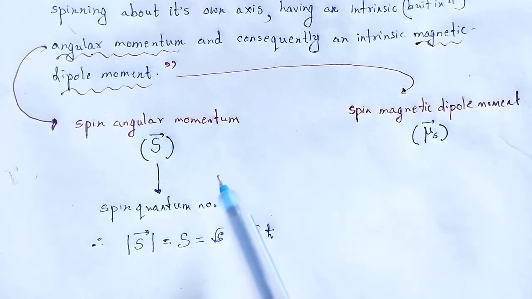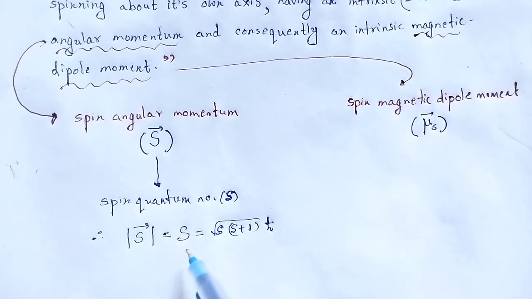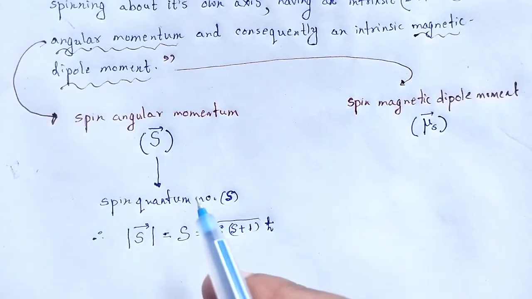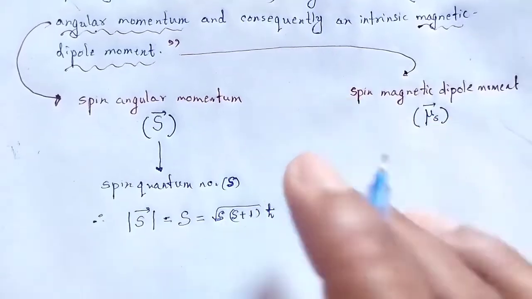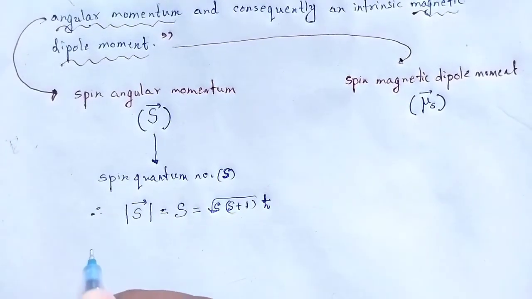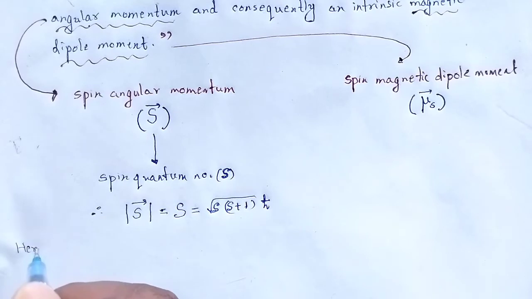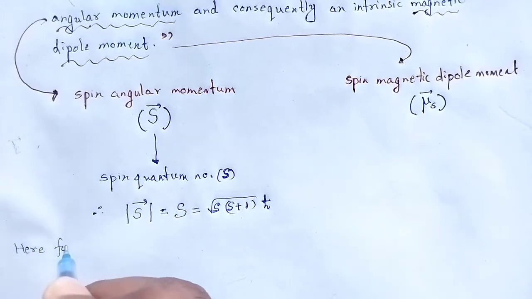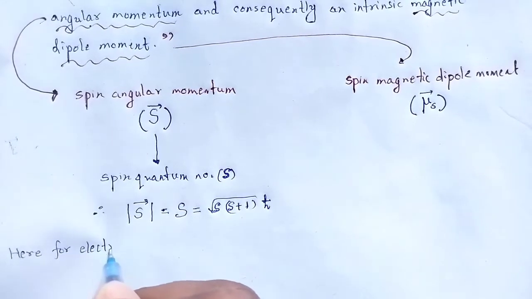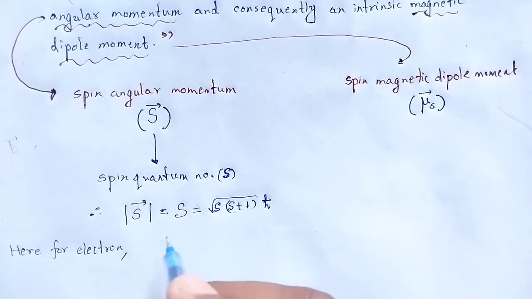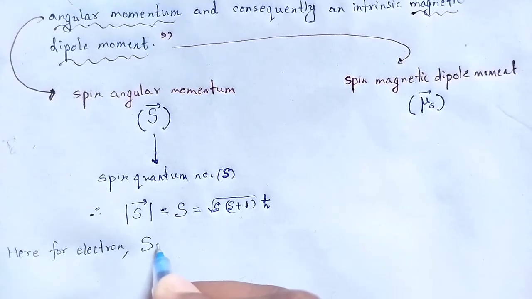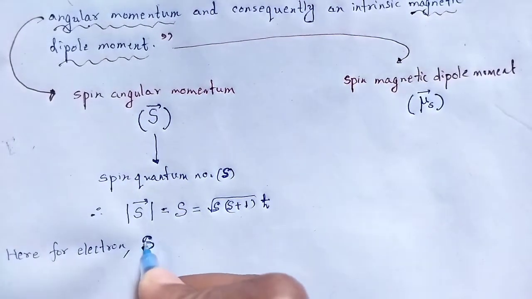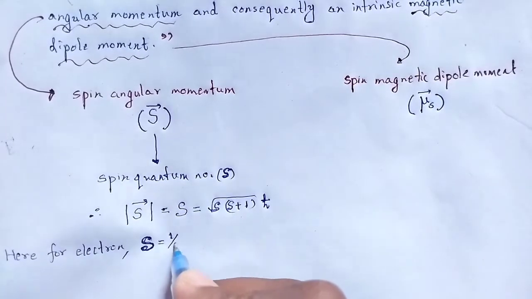Here, the value of s is half, that is, the spin quantum number for an electron is half.